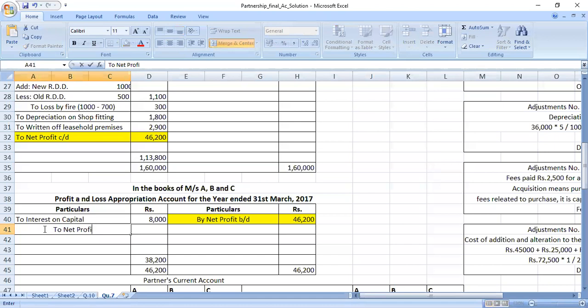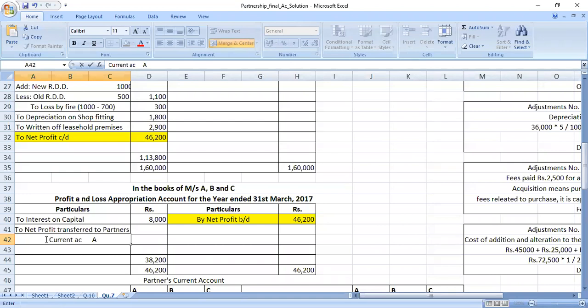So it is considered as net profit and transferred to the partners' current account. Transfer to partners' current account. Who are the partners?